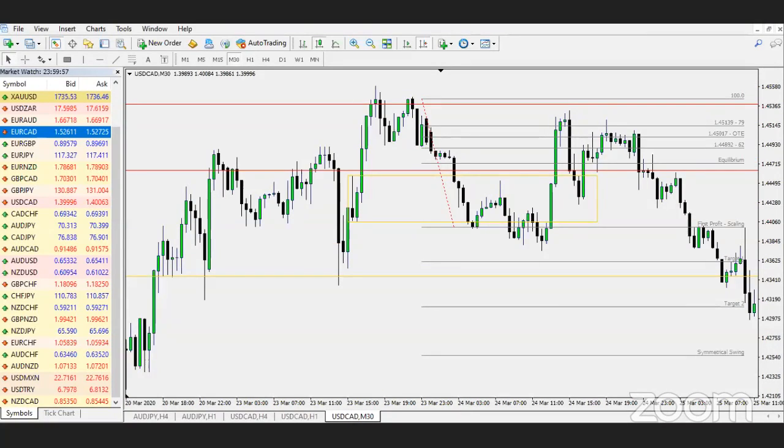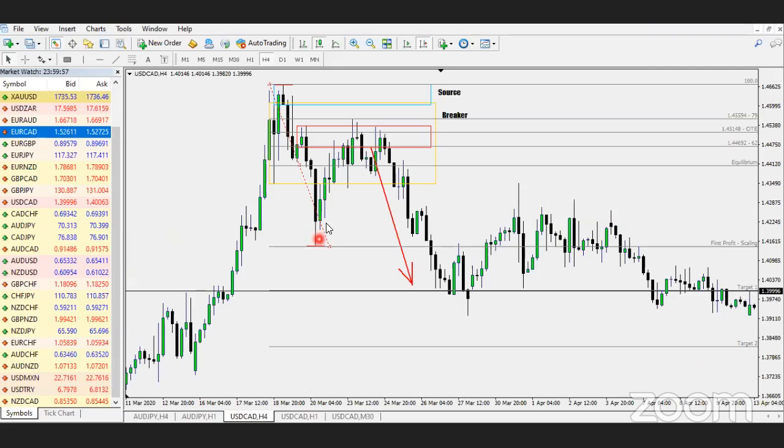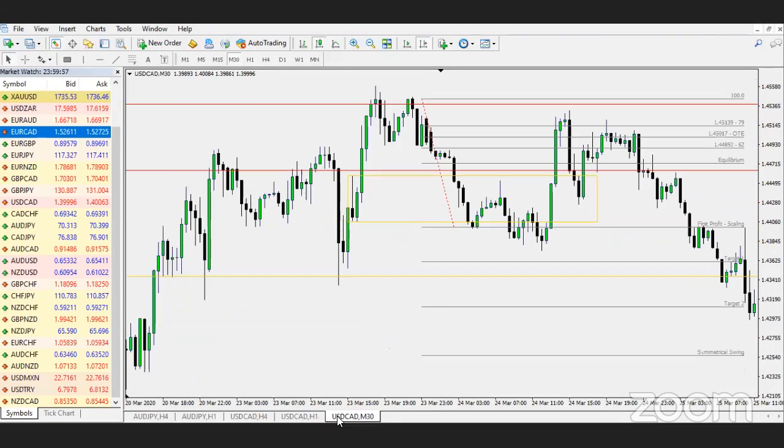So it's important to also remember that when we are doing this on the 4-hour, the 1-hour, or the 30-minute chart, we always use the candle that is broken or created the breaker block. The bodies are important on the 30-minute chart and the 15-minute chart.